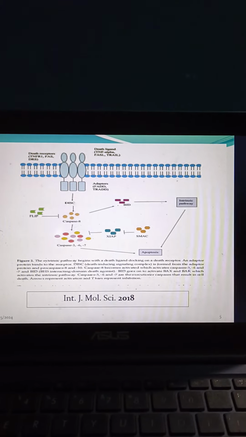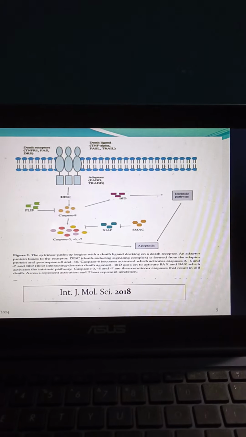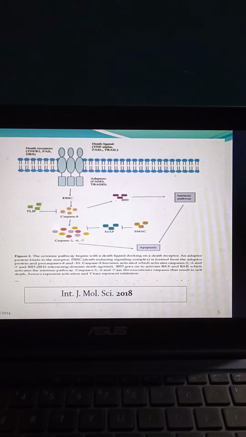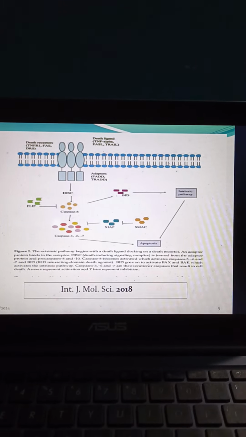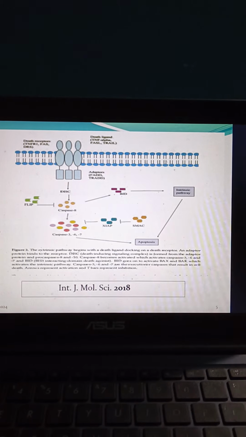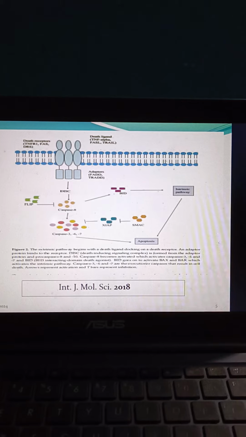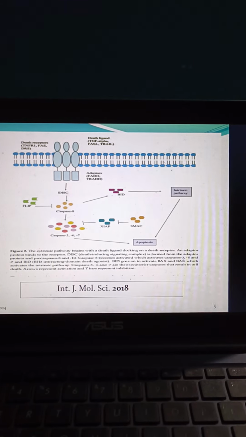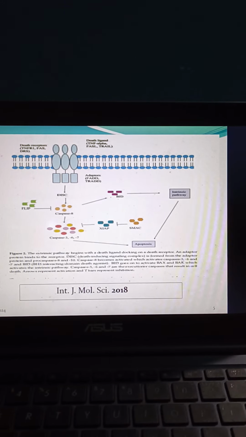So this is another diagram showing the extrinsic pathway, which begins with a death ligand docking on a death receptor. An adapter protein binds to the receptor, and the DISC, the death-inducing signaling complex, is formed from the adapter protein and procaspase 8 and FLIP.